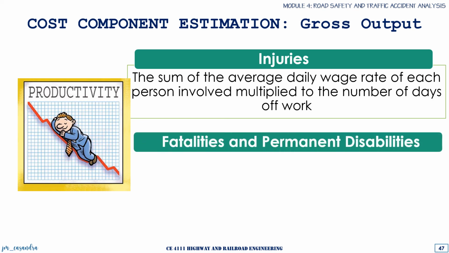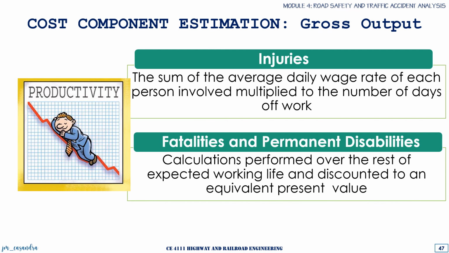In terms of fatalities and permanent disabilities, the productivity loss is computed over the rest of the expected working life and discounted to an equivalent present value. So, let's say the person who died or became permanently disabled is 30 years old.